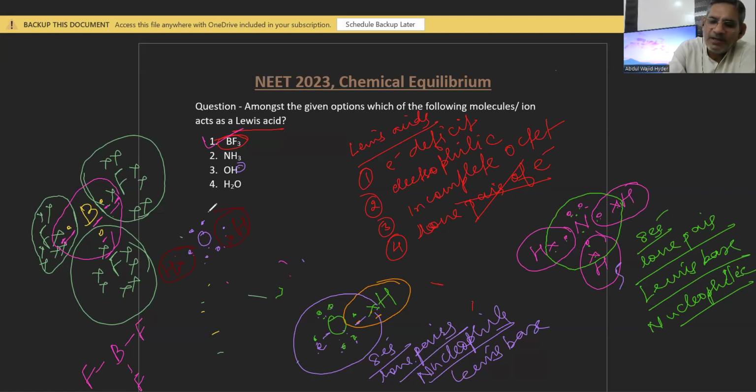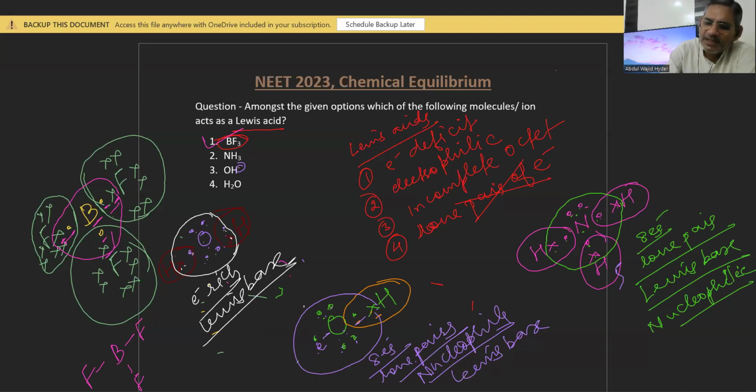In this way, they will get paired, and this O will be having 1, 2, 3, 4, 5, 6, 7, 8 electrons. So it is also an electron-rich Lewis base, or you can say nucleophile. Already I have written, electron-rich, and Lewis base, and 8 electrons are there.